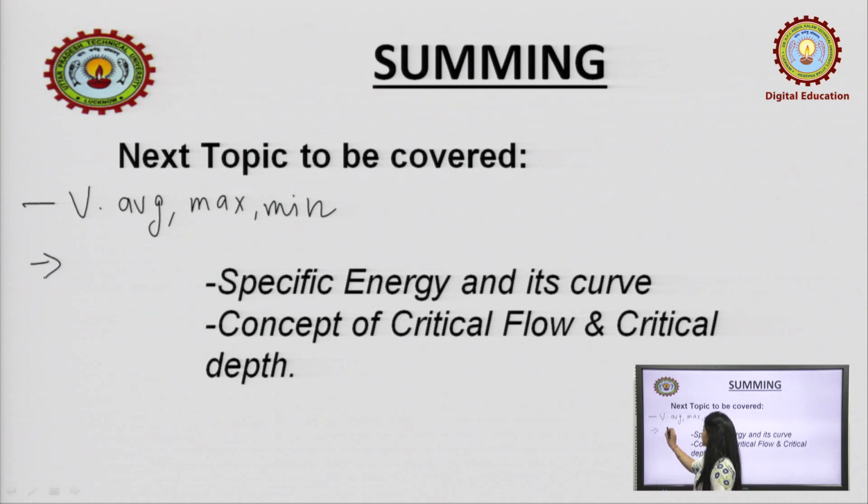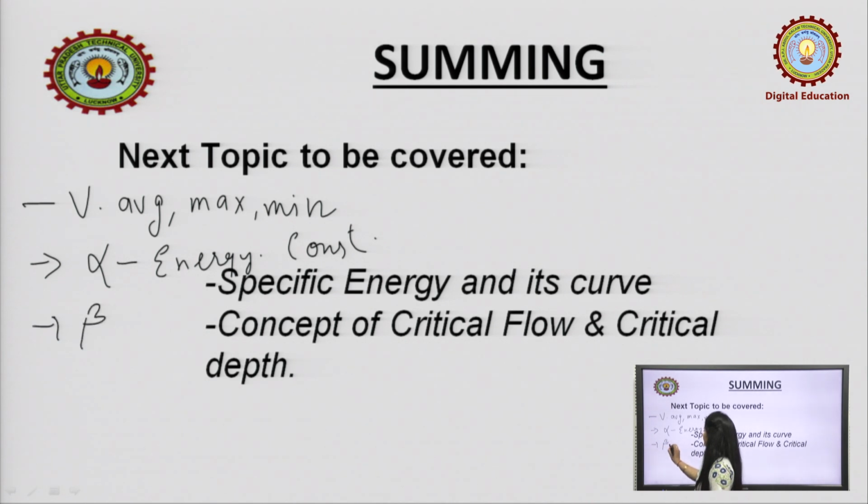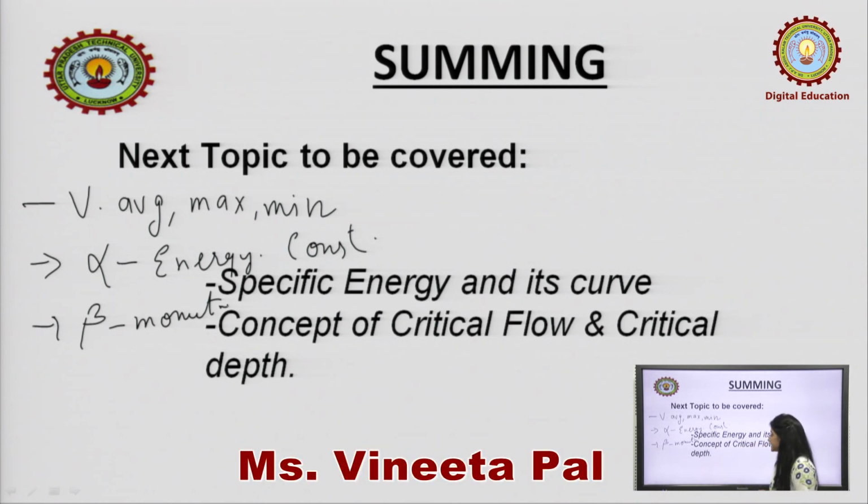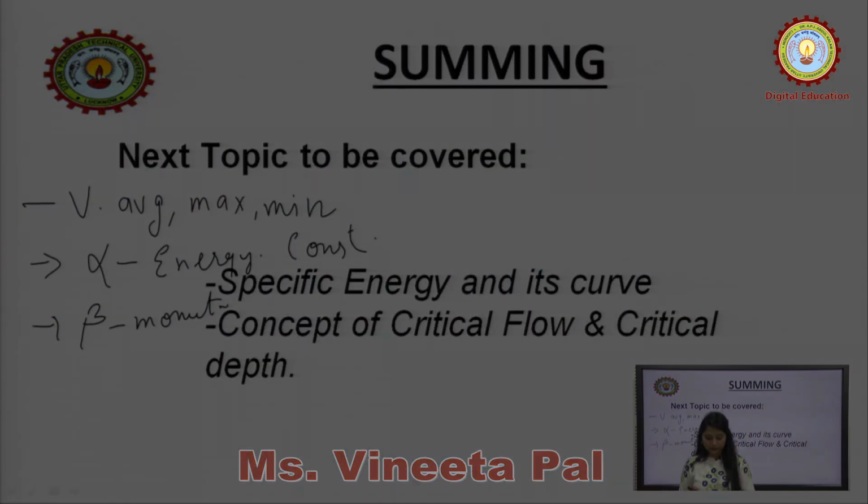Next we covered alpha, the energy coefficient factor, and beta, the momentum coefficient. In the next slide, we will be studying the specific energy curve and the concept of critical flow and critical depth. Thank you.